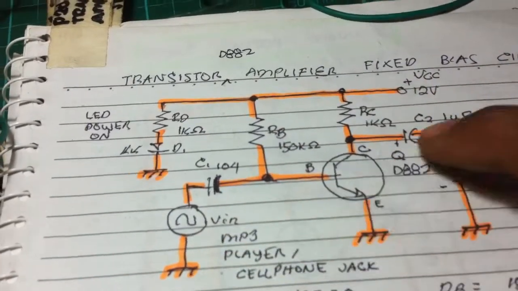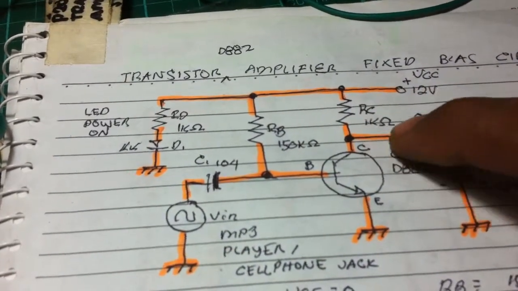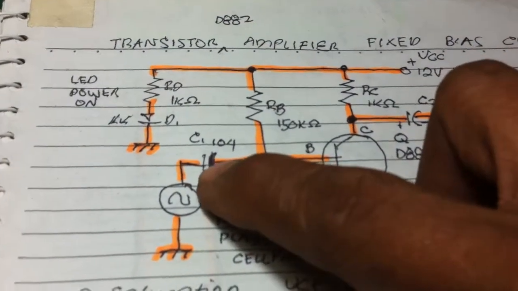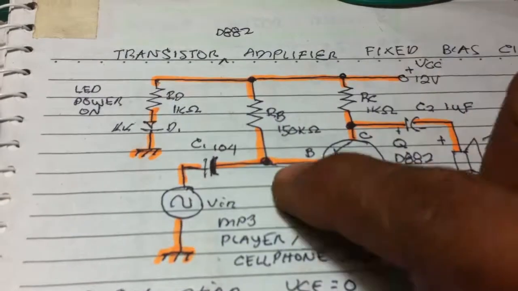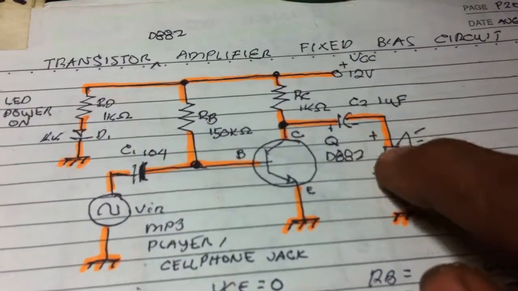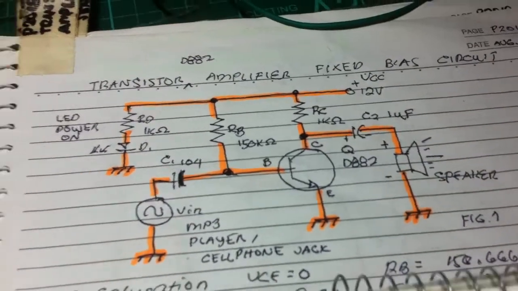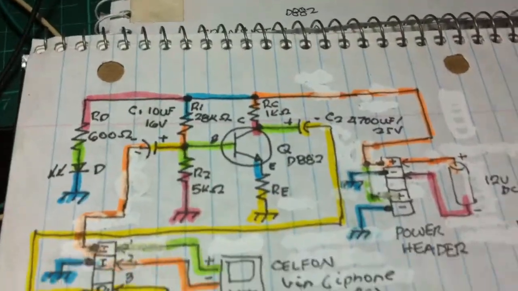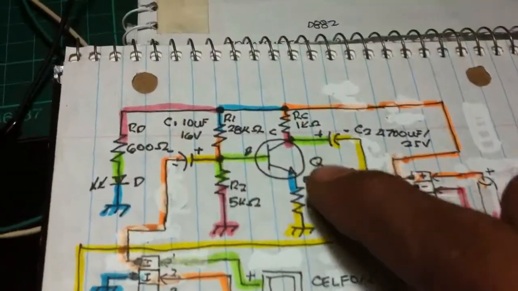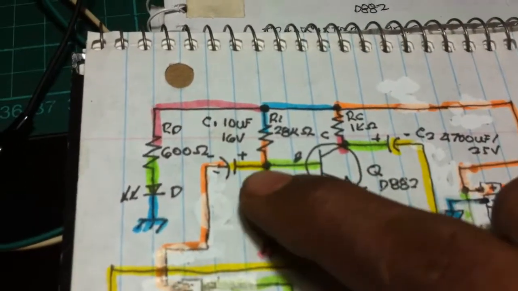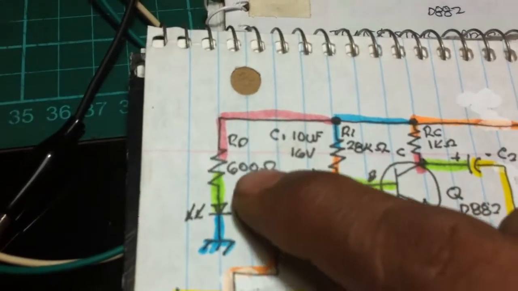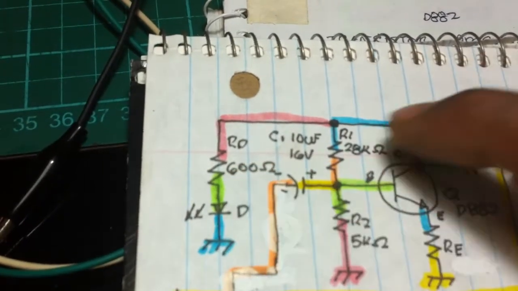Same voltage supply in, collector resistor 1 kilo ohms, a coupling capacitor 104 in the fixed bias, and 1 microfarad for the output speaker. But here in the voltage divider, we have a power on LED with 600 ohms limiting resistor.